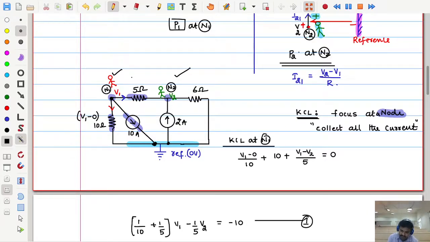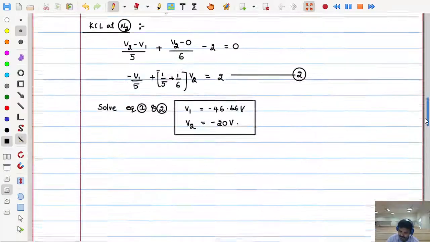If I sit at N2, again the same concept: this person's voltage minus all other persons' voltage. That is, V2 minus V1 is the voltage across 5 ohms. Once we know the voltage across the resistor, we can find the current. Next, V2 minus 0 by 6 is the current through 6 ohms. So like this, without putting anything on the circuit, we can write down the Kirchhoff's current law for each non-reference node. Thereby we get all the non-reference node voltages V1 and V2.